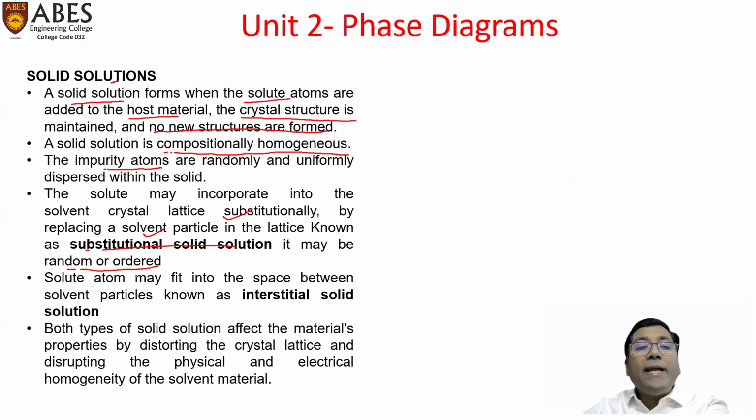Similarly, a solute atom may fit into the space between solvent particles, known as an interstitial solid solution. If the solute atom takes the place of interstitial positions inside the crystal structure of the solvent, then it is called an interstitial solid solution.